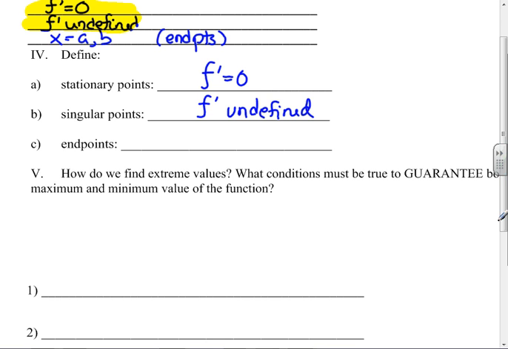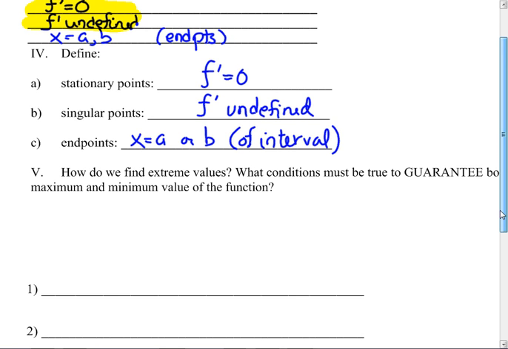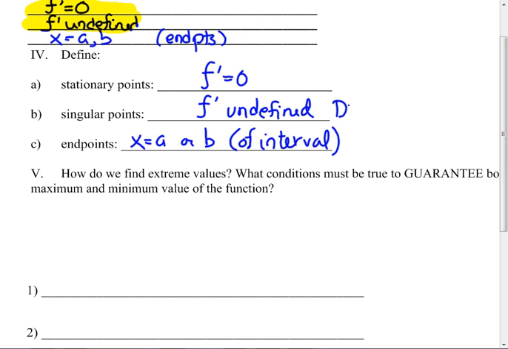And endpoints are where x is equal to a or b. It's the endpoints of the interval. It's kind of obvious. Yeah, or does not exist, whichever way you like to write it.